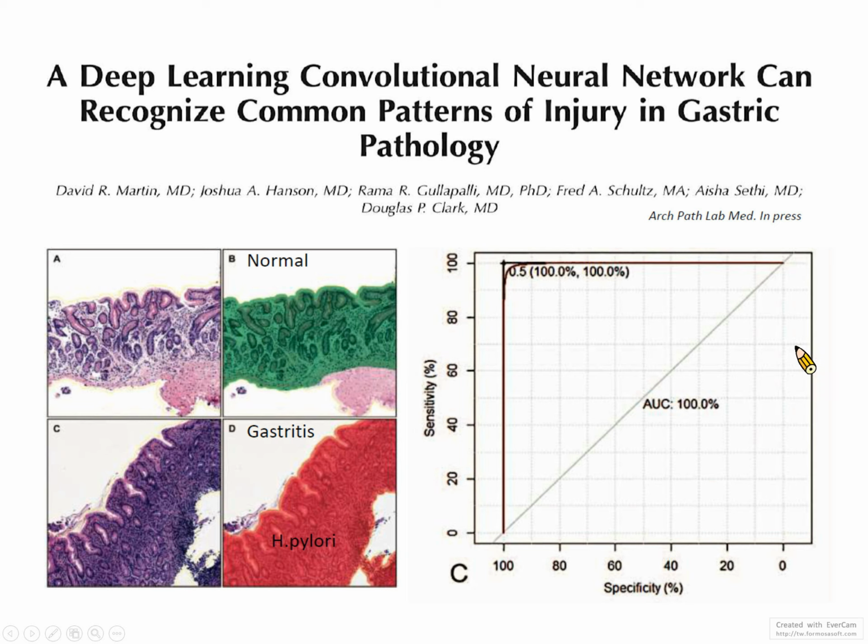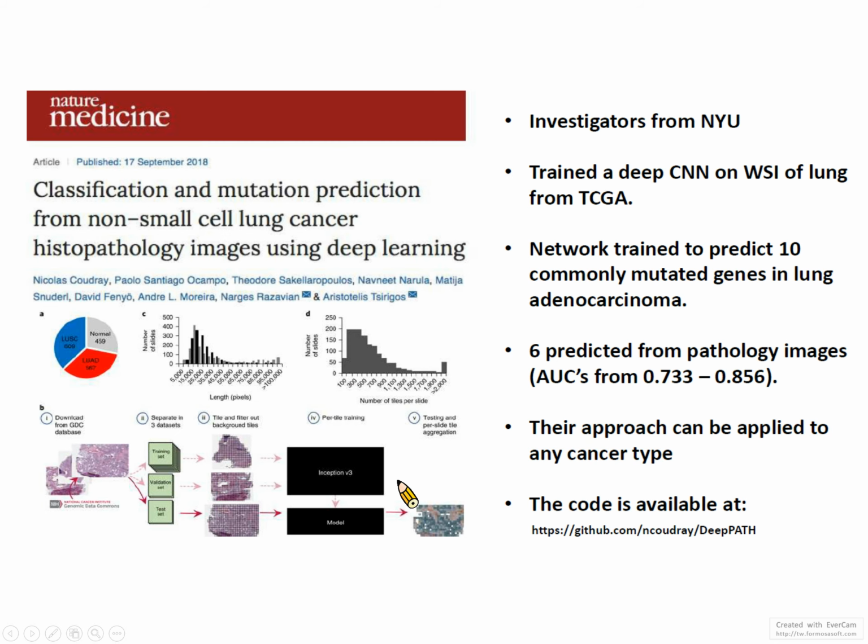So I think it's too good to be true, but it's just one of the results from the neural network. And in one of the papers in Nature Medicine, published 2 years ago, it shows the classification and mutation prediction from non-small cell lung cancer histopathology images using deep learning.